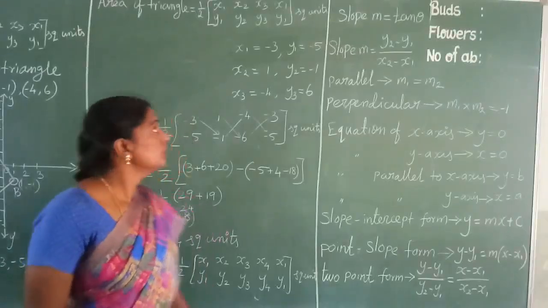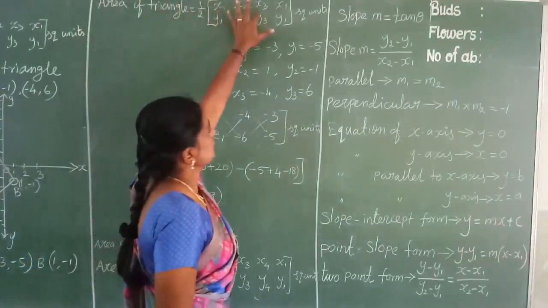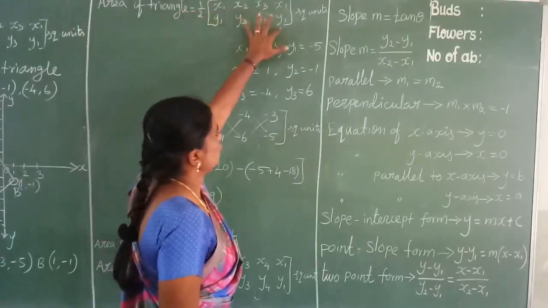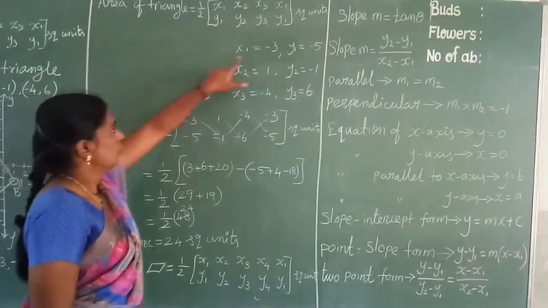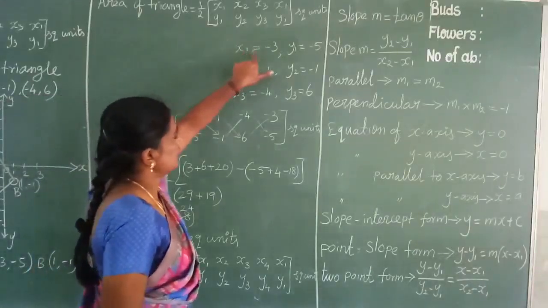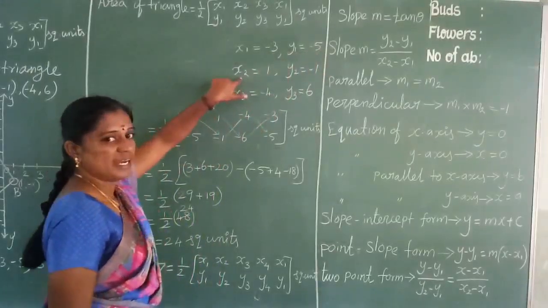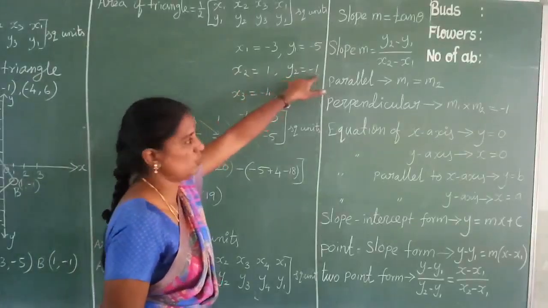Area of triangle is equal to half into the determinant with x1, x2, x3, x1 on top and y1, y2, y3, y1 below, in square units. A point we take as x1, y1: x1 is minus 3, y1 is minus 5. B point we take as x2, y2: x2 is 1, y2 is minus 1.